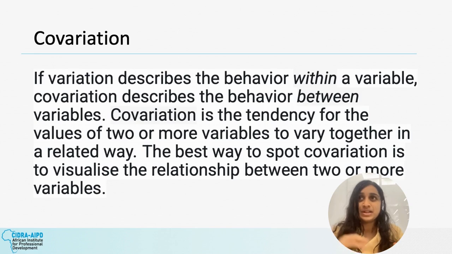For example, we have hours studied to test scores, so how one relates to the other. As the temperature goes up, the number of ice cream sales also go up. The best way to spot covariation is to visualize the relationship between 2 or more variables.